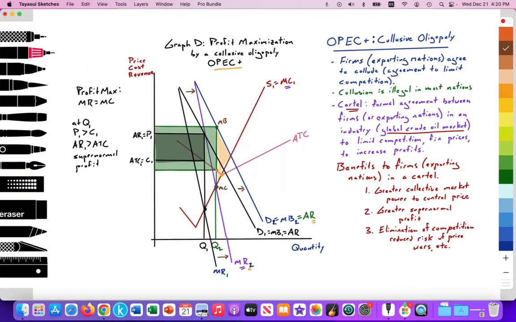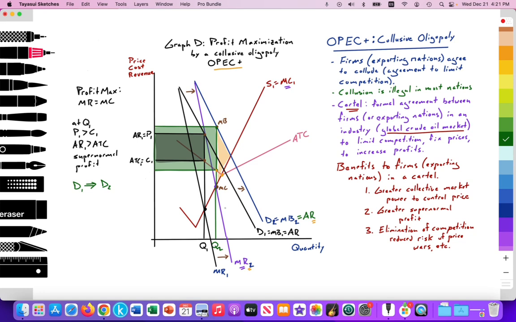So here we have output at Q1, and at Q1 it sets the quantity, the price here, and costs of production here. This is our average total cost curve. So here we have our supernormal profit. Then demand increases from D1 to D2.